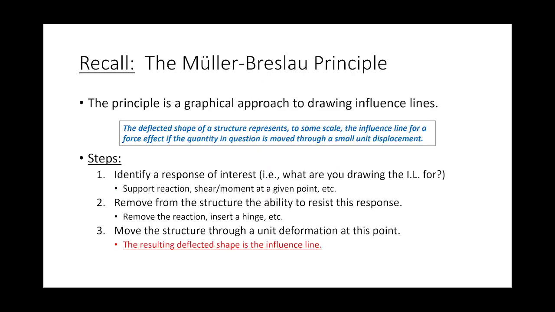So let's get into it, and I want to dive right in as quickly as possible. I'm not going to spend a lot of time talking about the Mueller-Breslau principle, which I think by now everybody's pretty familiar with. That's the technique we use to construct the influence line by removing from the structure the ability to resist the response of interest and then moving the structure through a unit deformation at that point. Whatever the deflected shape looks like, that's the influence line.